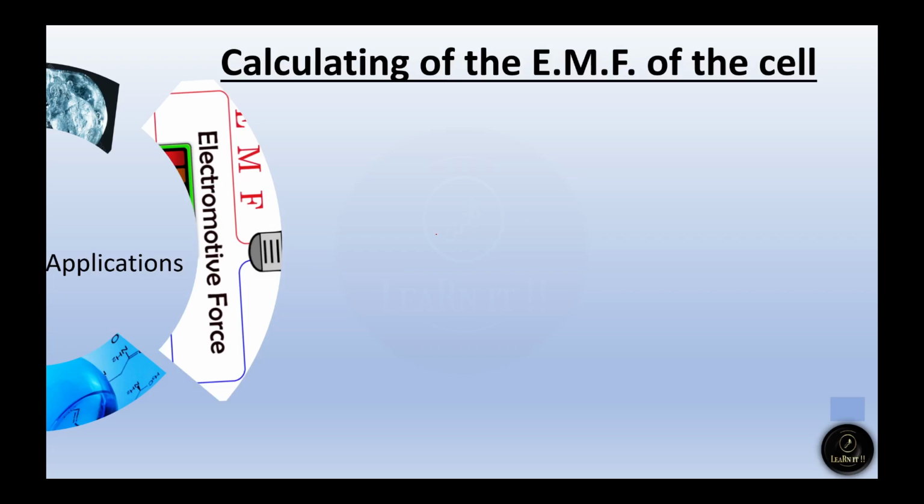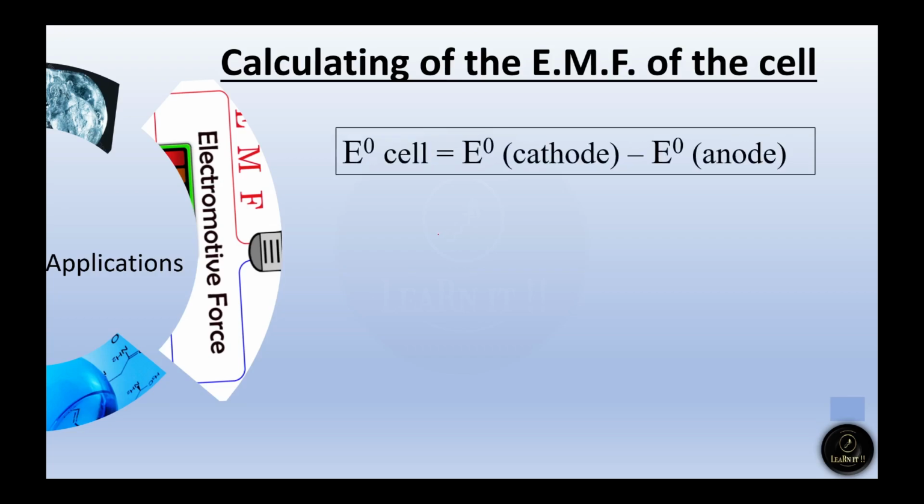So EMF of the cell can be calculated by using the formula: E naught of the cell, which is the EMF of the cell, is equal to E naught of cathode minus E naught of anode. So this is the Daniell cell. The Daniell cell consists of zinc and copper electrodes, which are connected by a salt bridge.